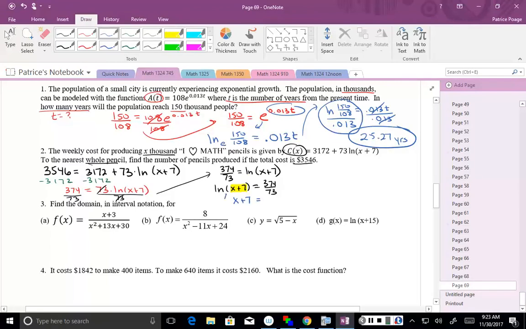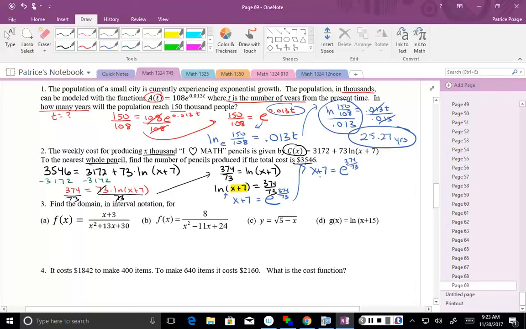My base for the natural log, even though it's not showing, it's understood to be base e. It's going to move over to here, and then this guy is going to move up to my exponent, 374 over 73. I'm kind of crunched for space there, so I'm moving over here now. So I'm just rewriting this. x plus 7 equals e to the 374 over 73.